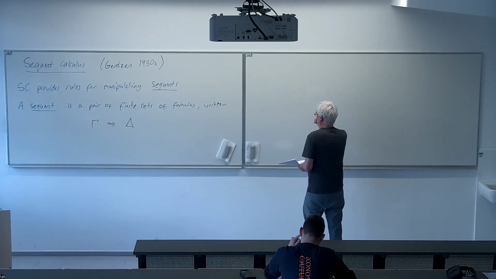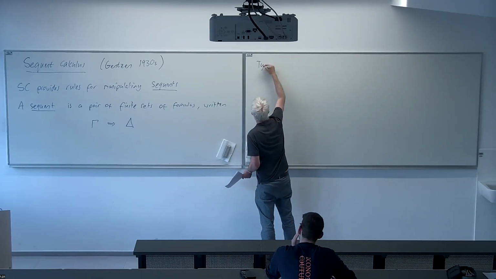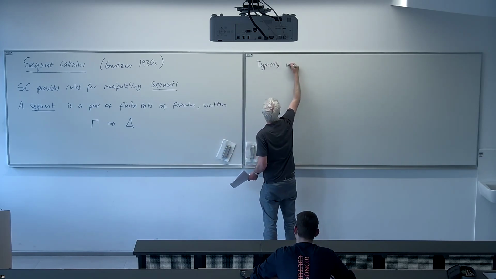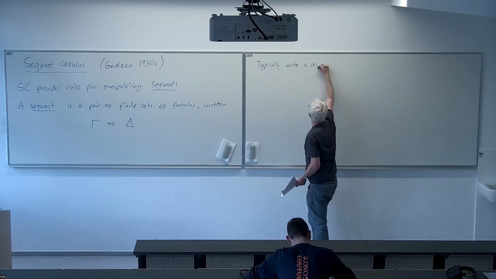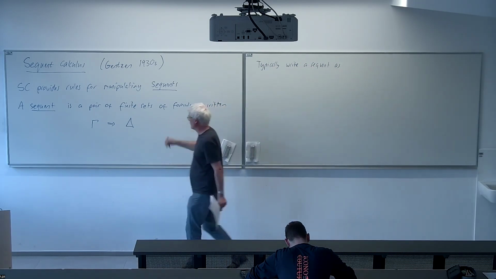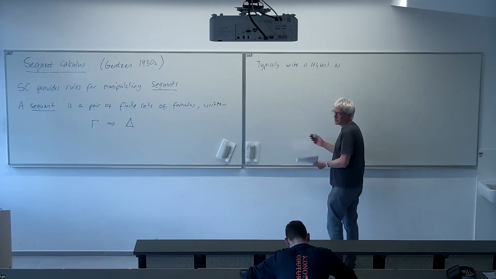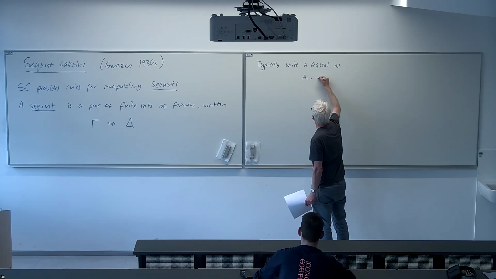And we'll typically write a sequent either in this form, using gamma for the formulas on the left and delta for the formulas on the right, or if we want to expand it in terms of the formulas, we're simply going to write a list of formulas.